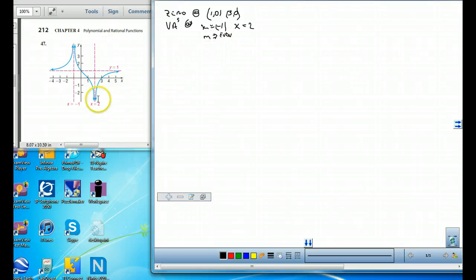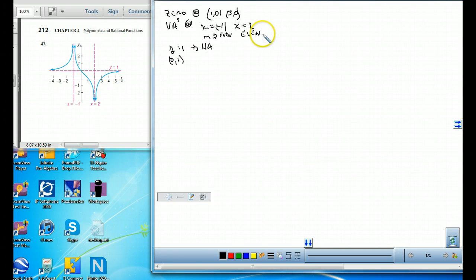And then at x is equal to 2, we have even, because again, they're both going down together. Now we look at y is equal to 1 is a HA. So we've got that made for us. And the y-intercept, so we need the point 0, 1 on our graph.